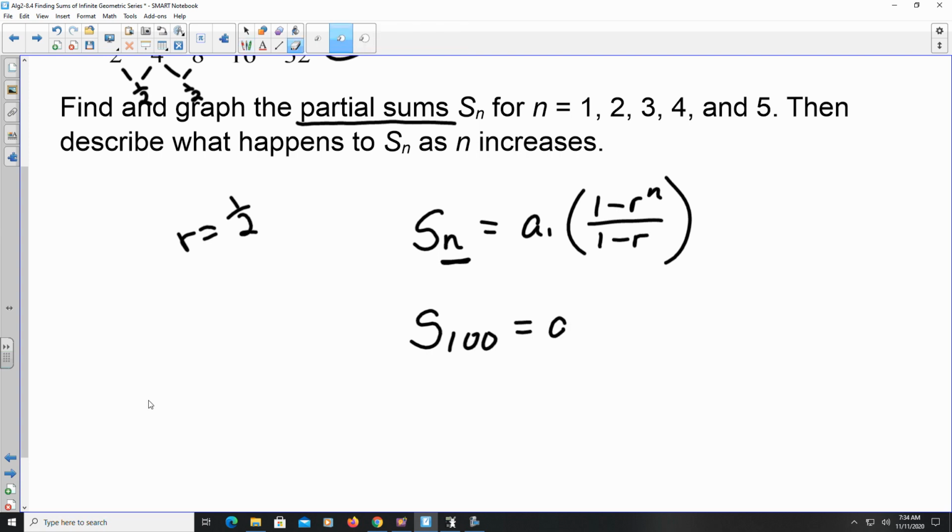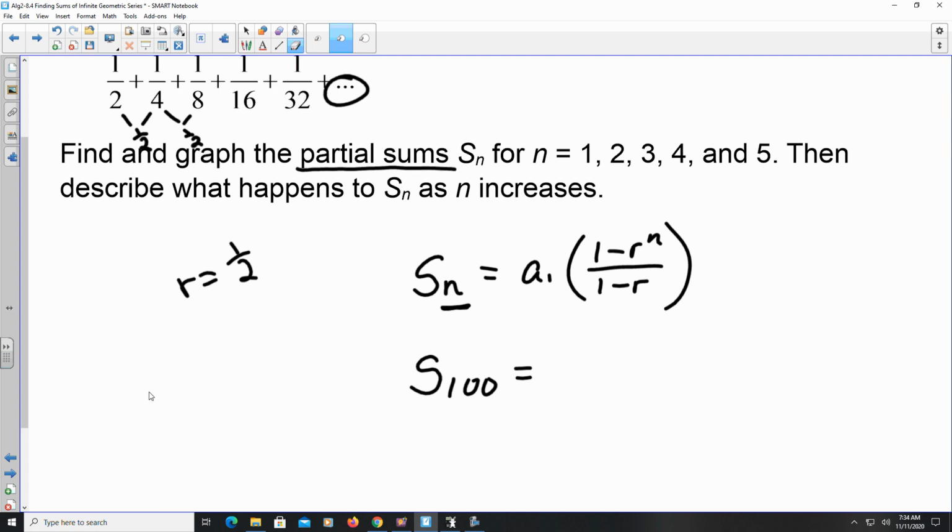So first off, the first value of this series is 1/2, so I put 1/2 over here. This is going to be 1 minus 1/2 raised to the 100 power, and it's going to be divided by 1 minus 1/2.